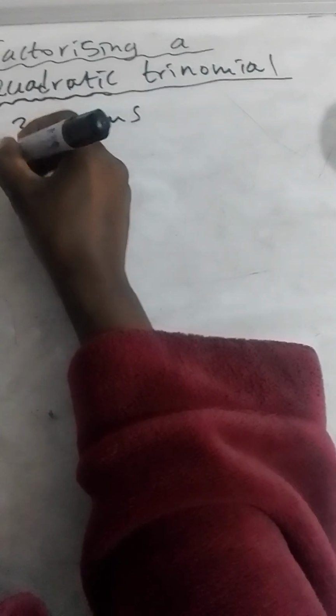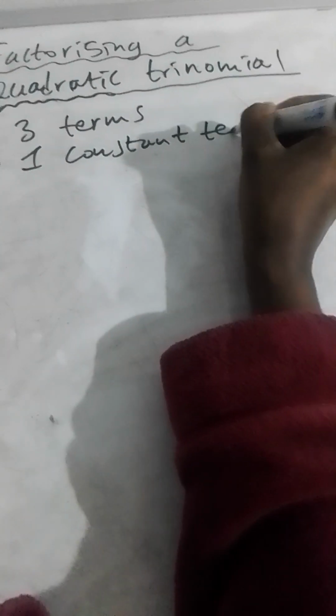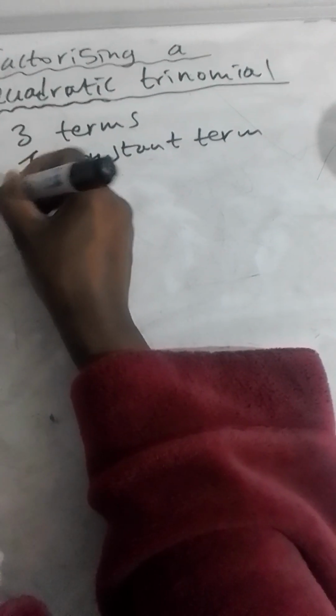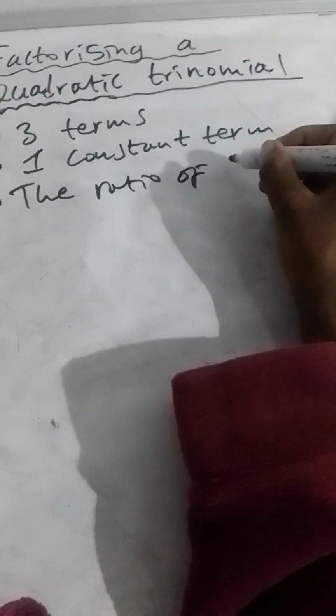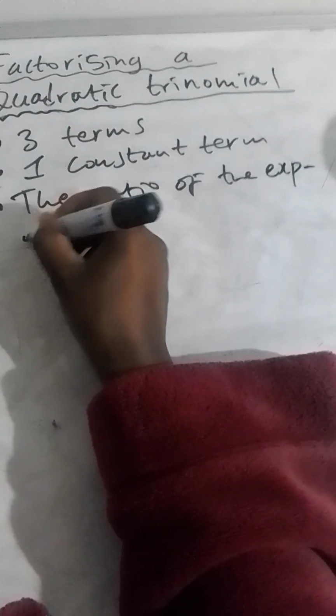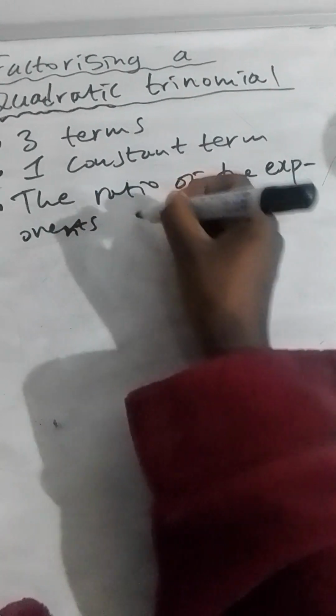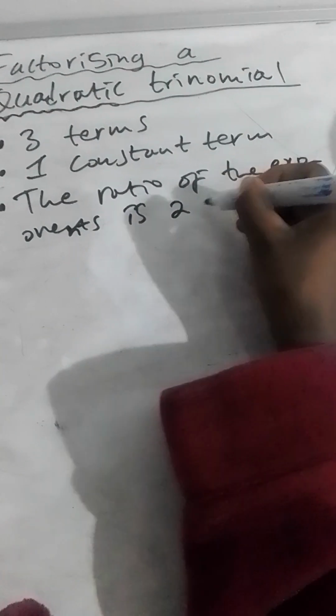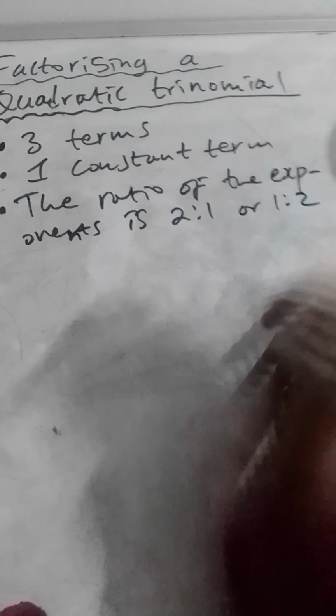Okay, so a quadratic trinomial is, first of all, an expression with 3 terms. It also has one constant term. And then lastly, the ratio of the exponents of the variables is 2:1 or 1:2.